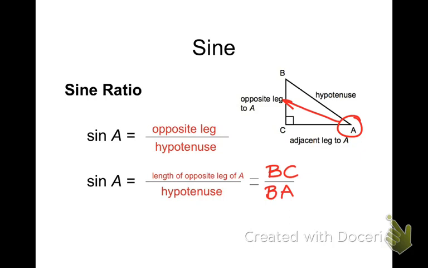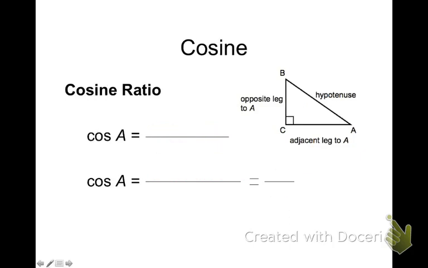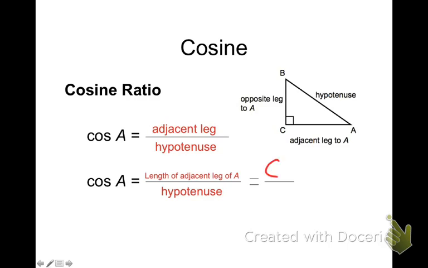It doesn't matter which order you have it in. And then our cosine is adjacent leg over hypotenuse. So in this case, my adjacent leg, we said before, was CA, back when we did the tangent, over the hypotenuse, which we said was BA.